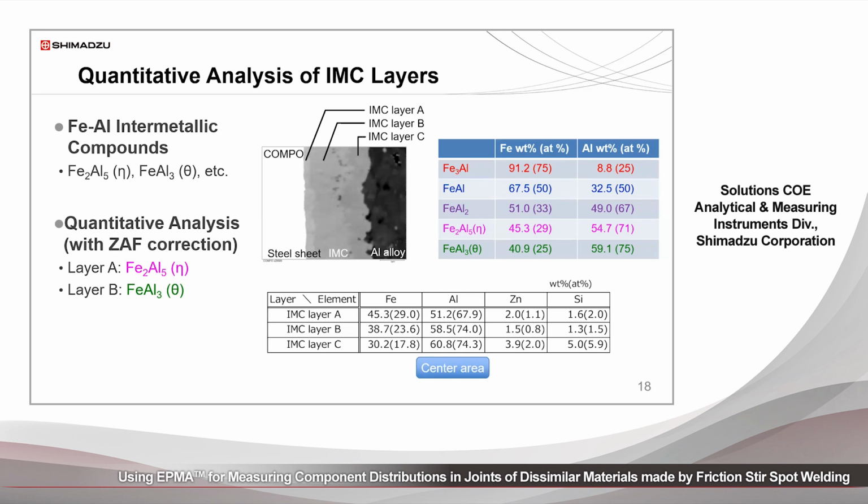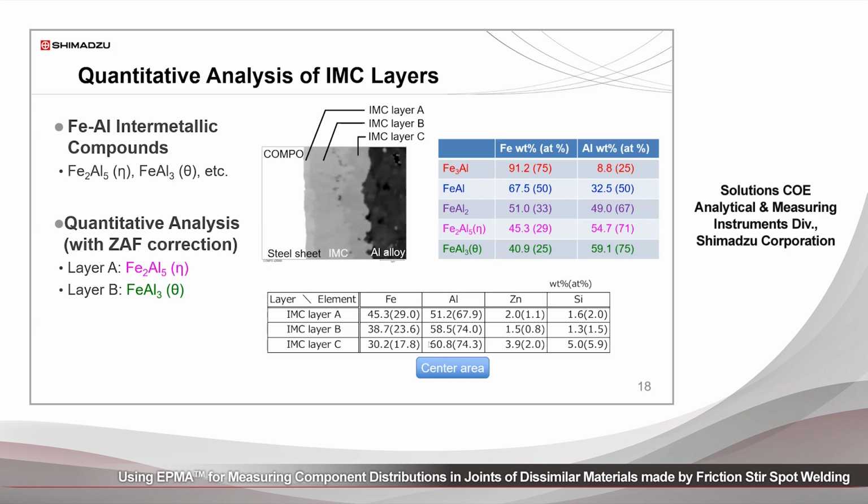Note that the most concentrated of iron weight percent phases is Fe3Al. It is expected that layer A is principally composed of Fe2Al5, the eta phase, as was shown in the scatter plot diagrams in the previous slide.